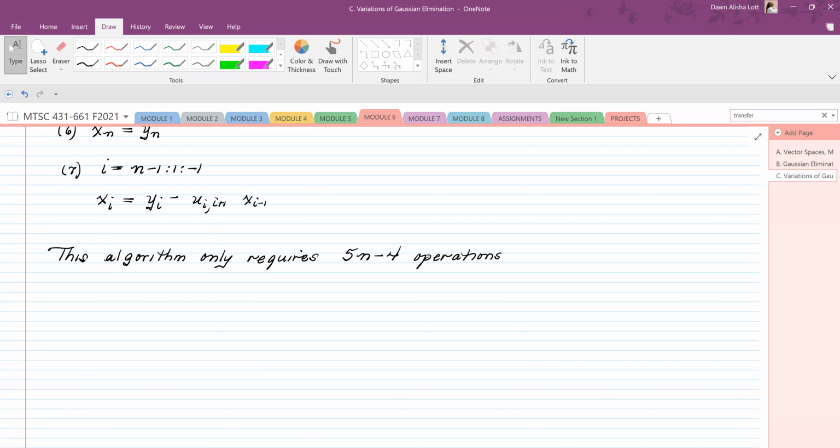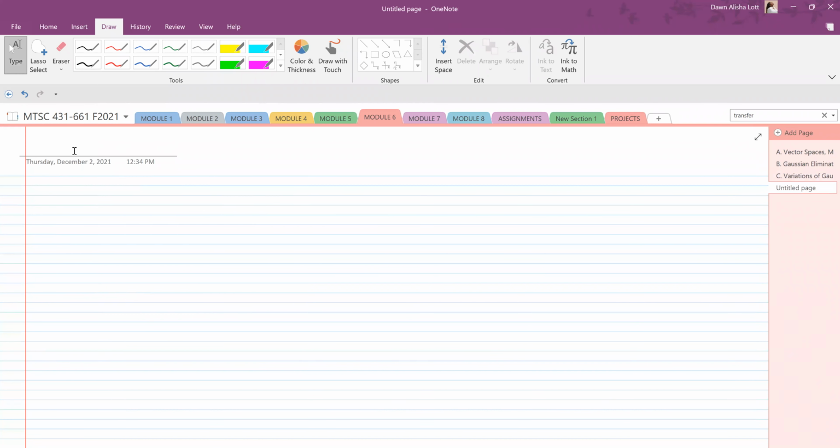So let's talk a little bit about determinants. I'm not going to say a whole lot about determinants. So we know how to compute determinants of a matrix.